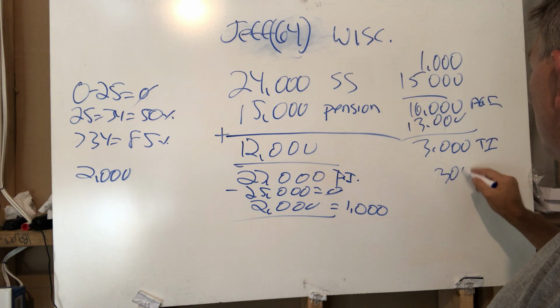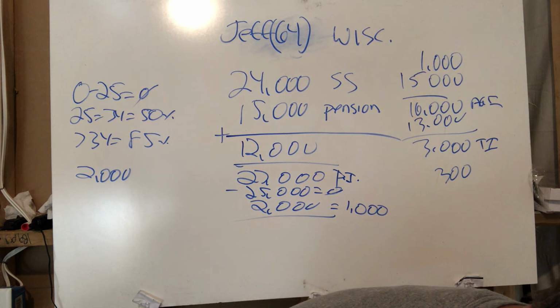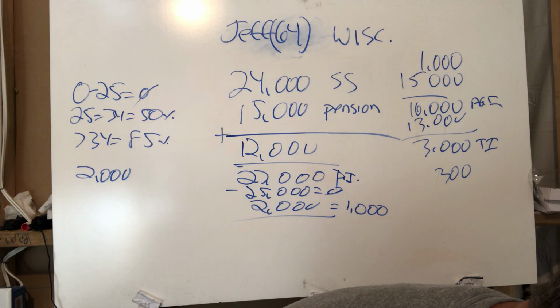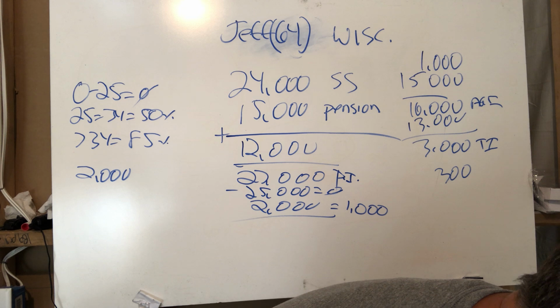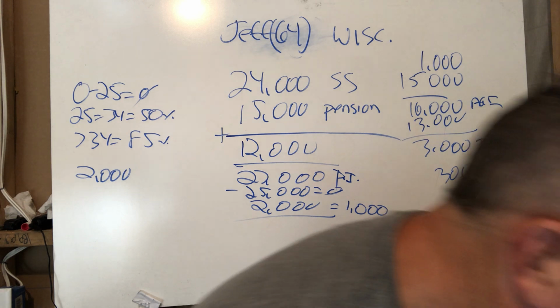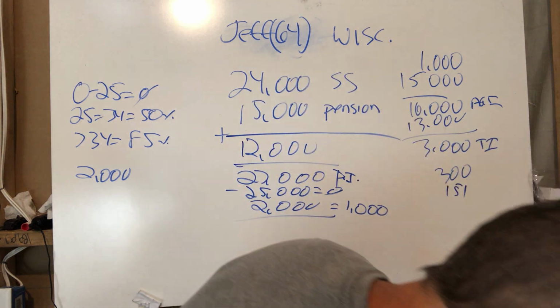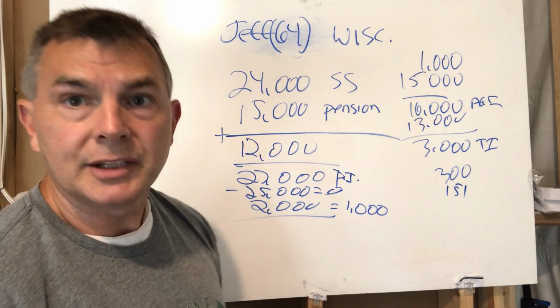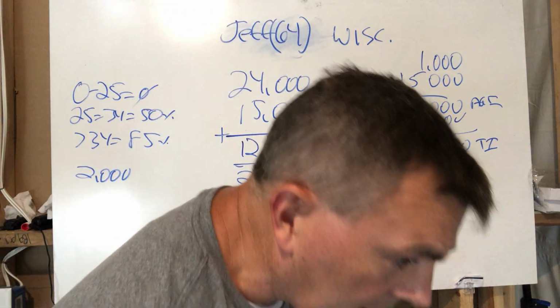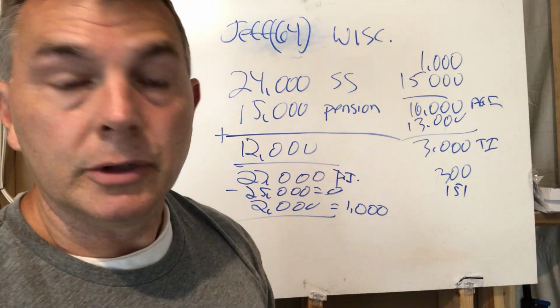Right now he pays $356 to be precise in federal taxes, and $151 in Wisconsin taxes. That's without including his dividend income.